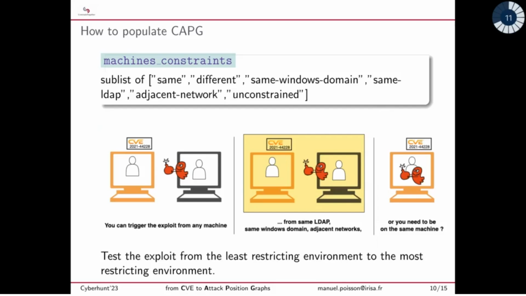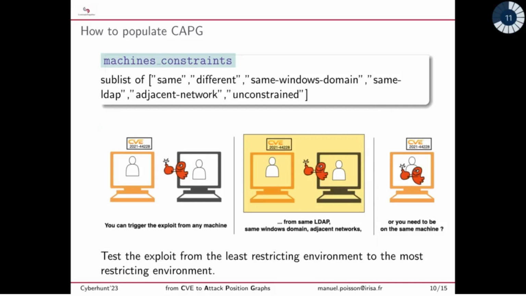If it doesn't work in the first case, we can try the second case, where the two machines are in the same network or in the same LDAP domain or Windows domain. If it succeeds, we know that there is a constraint: the machines can be different, but they must be in an adjacent network or in the same Windows domain.